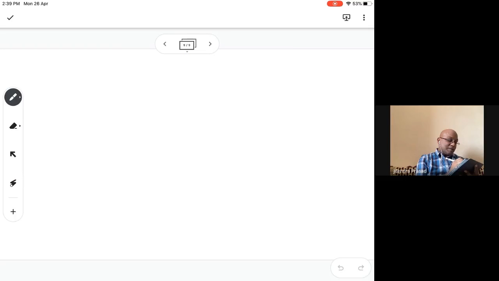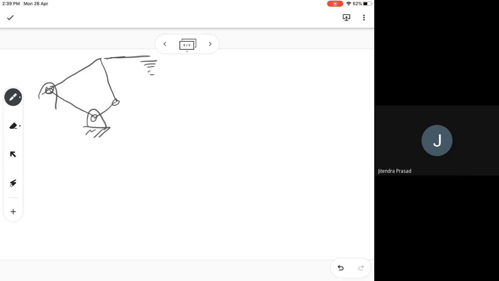This could be like a civil engineering problem, with, say, water here, something like this.